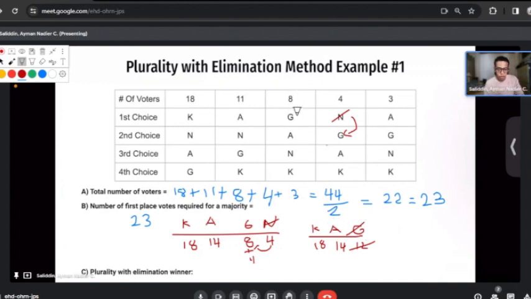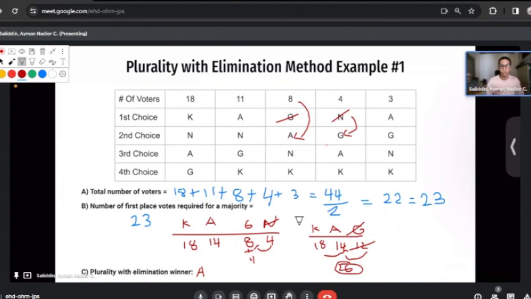So Girly is eliminated, and her votes go down to Anjanette. So 12 plus 14 is 26. Now Anjanette has more than the majority. She is the winner in this method. So here Anjanette won with 26.